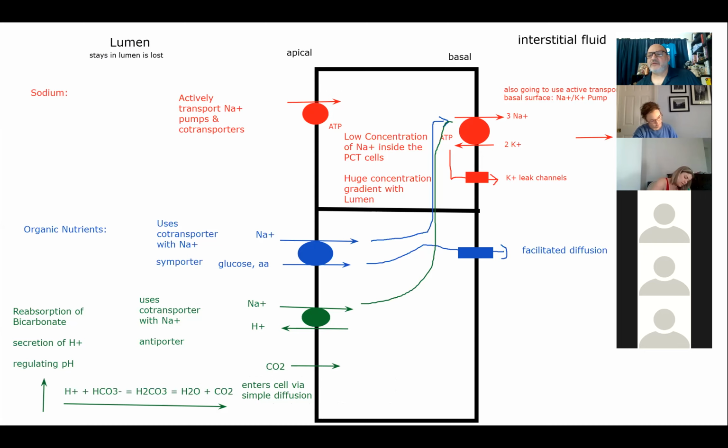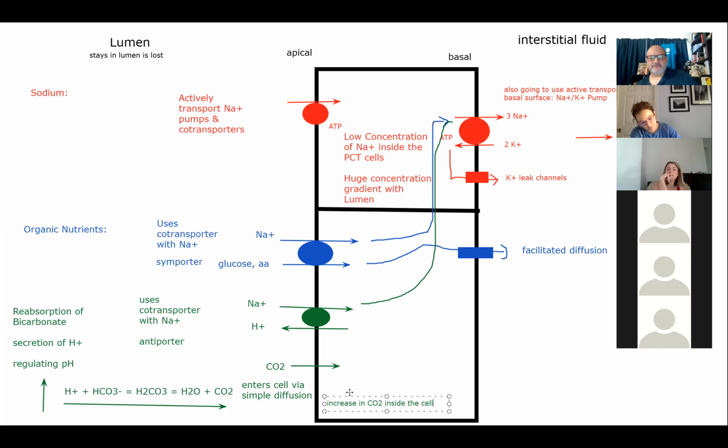I don't know if I made the cell big enough. I'm going to have to cheat here. So now we are getting an increase in carbon dioxide inside the cell. Why might that be significant?